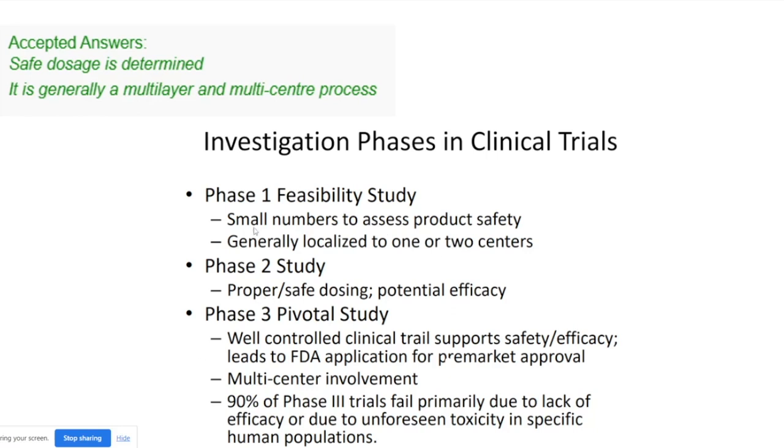Phase 2 again tests for the proper safe dosing and potential efficacy, and phase 3, that is the pivotal study, is a well controlled clinical trial that supports safety and efficacy, leads to FDA application for pre-market approval, and it is a multi-center involvement.